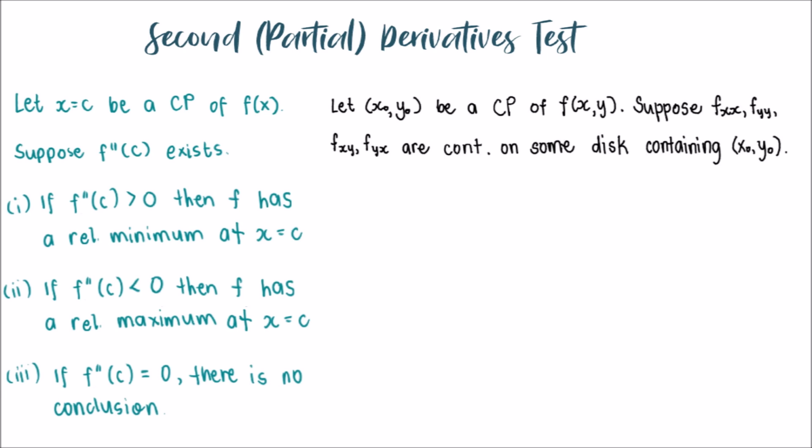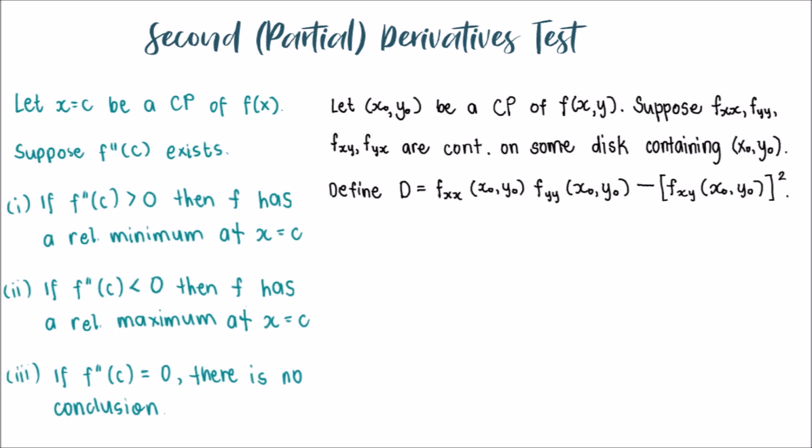So here the derivatives do not only have to exist at that point, but must be continuous in particular. That means the derivatives exist and are equal to their limits. Before we go to the conditions, let us define D to be the product of f sub xx and f sub yy minus the square of f sub xy, where each derivative is evaluated at the critical point (x naught, y naught).